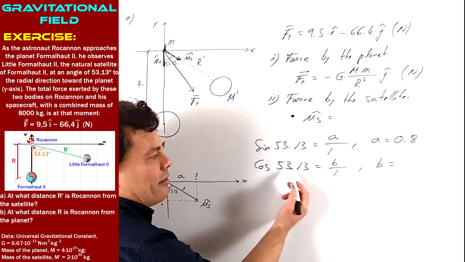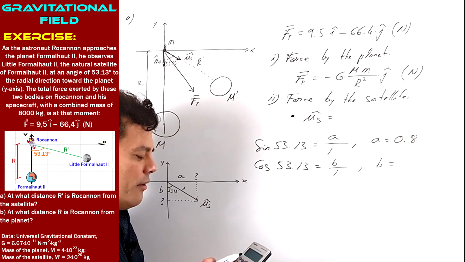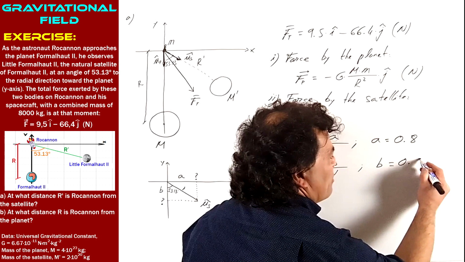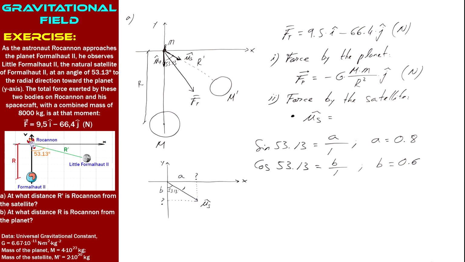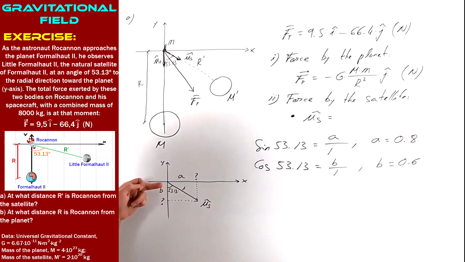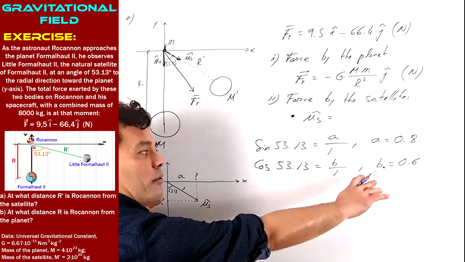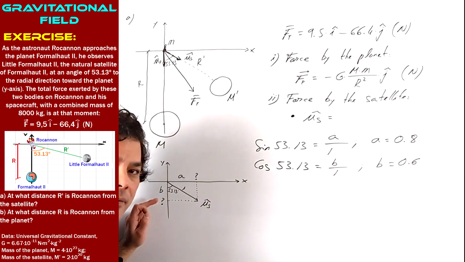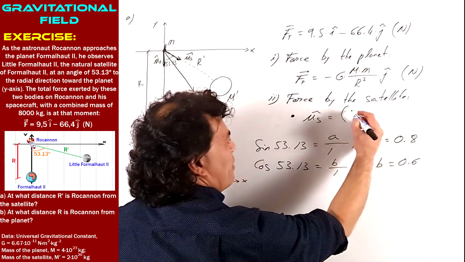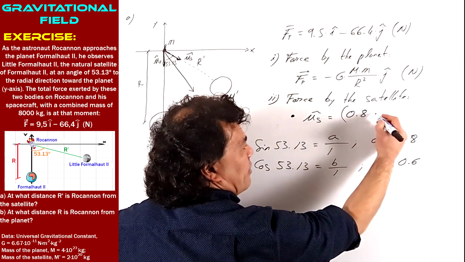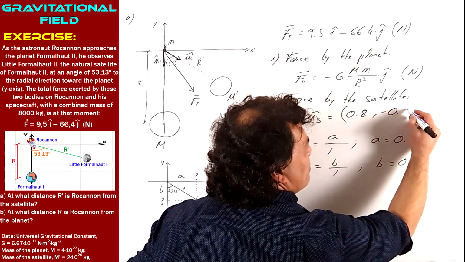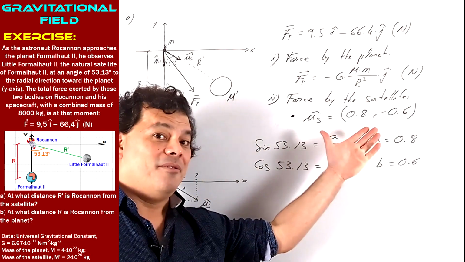So here, doing the cosine of 53.13, which is 0.6, there we have the coordinates of our unit vector. But be careful, because it is necessary to consider that 0.6 is a negative coordinate. That's why the unit vector that we are using will be (0.8, -0.6). You see?